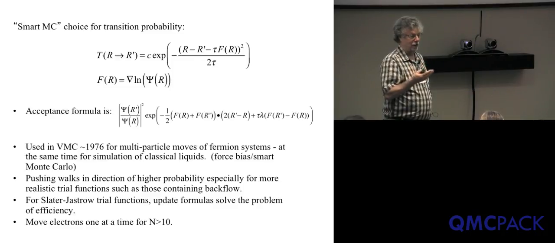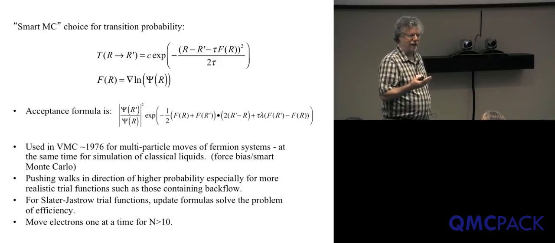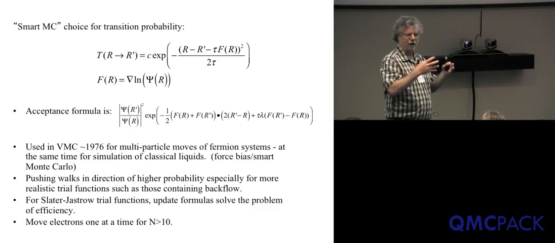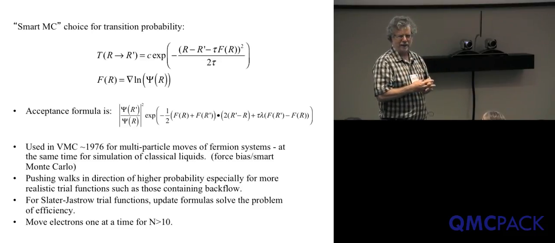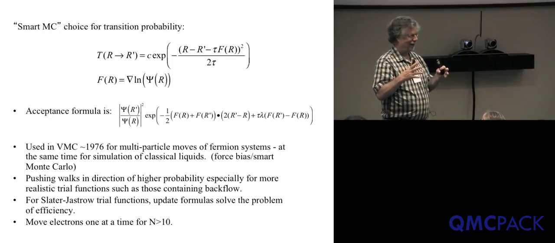And combined with the fact that if you move, say, 1,000 electrons simultaneously, your probability of getting accepted would be very small because with 1,000 electrons, you're almost certainly going to move into a bad place. It's like back to the drunkards. If you have one student wandering around drunk in town, it'd probably be okay.